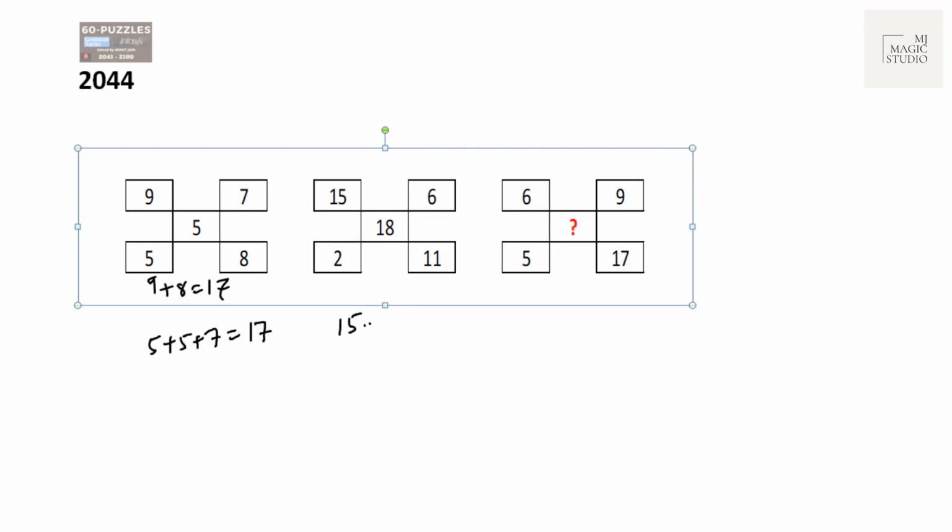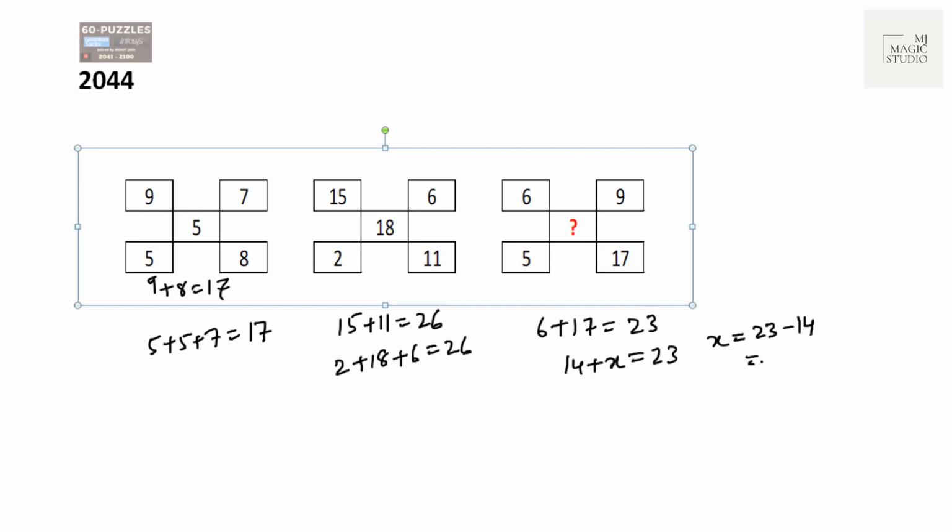Let's check here. 15 plus 11 is 26. 2 plus 18 plus 6 is also 26. Bingo. That means 6 plus 17 is 23. 5 plus 9 is 14. 14 plus x should be equals to 23. That means x is 23 minus 14. That is 9. I'll put 9 in this place. 9 should be the best pick.